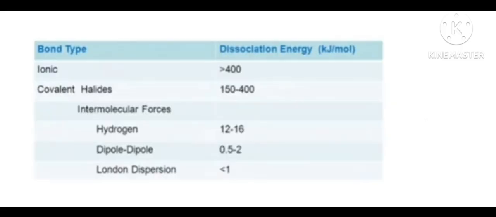Next slide discusses bond type and dissociation energy. This is intra- and intermolecular bonding. The ionic and covalent bonds are inside molecules, and hydrogen bonds, dipole and London forces are between molecules.